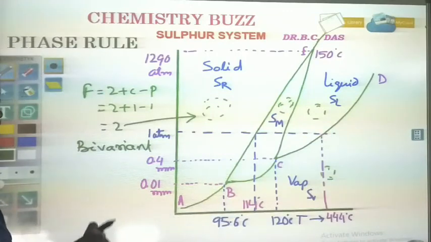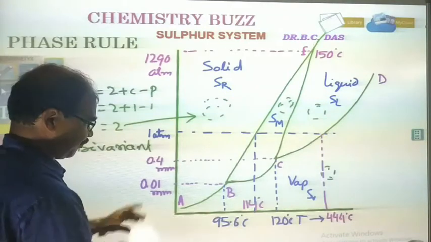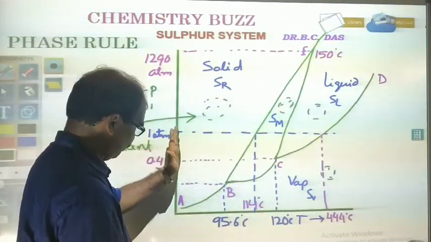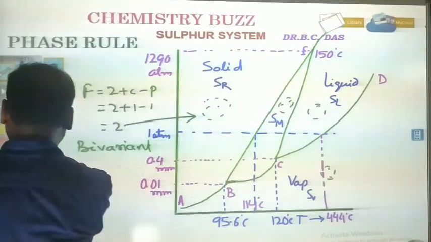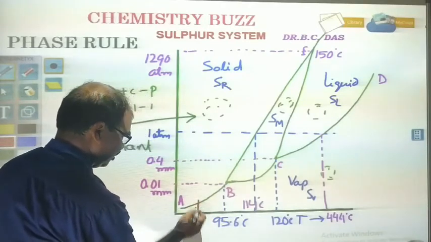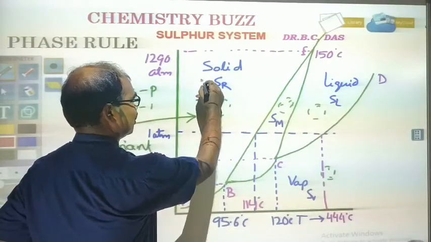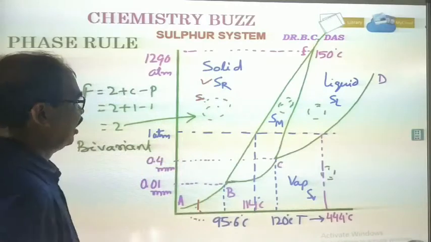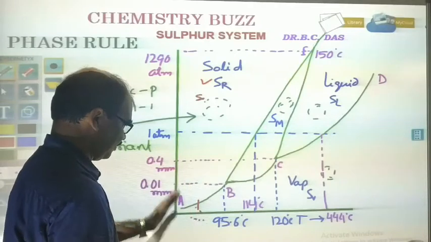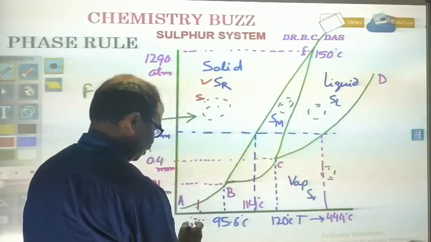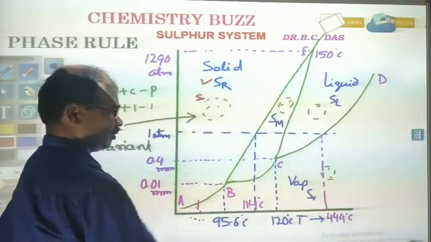Okay. So now let us summarize the whole topic. Say at extremely low temperature and high pressure, in this region, we will get the solid rhombic sulfur. And in reverse, at extremely low temperature and low pressure, we will get the sulfur vapor.